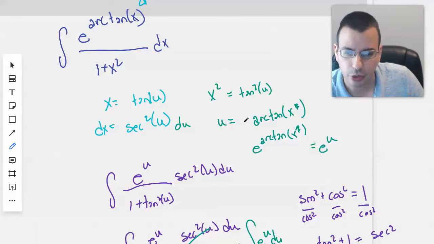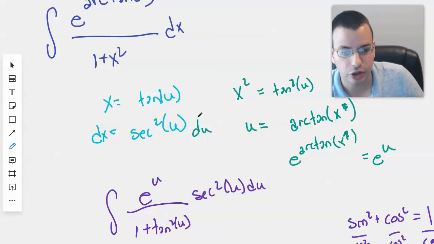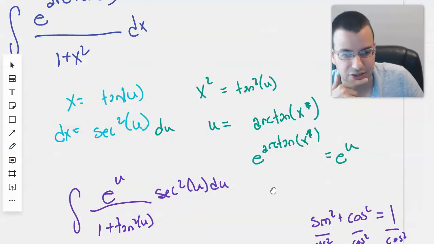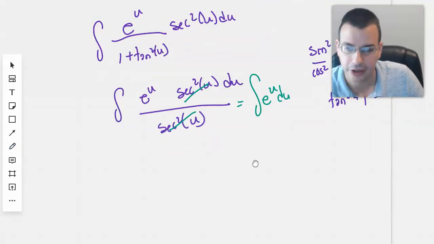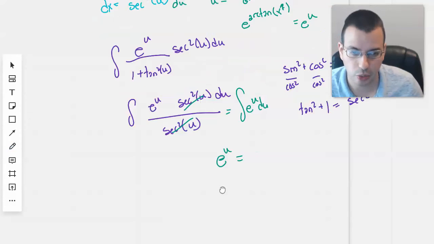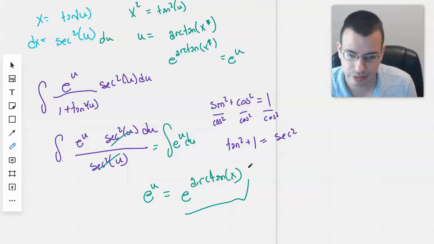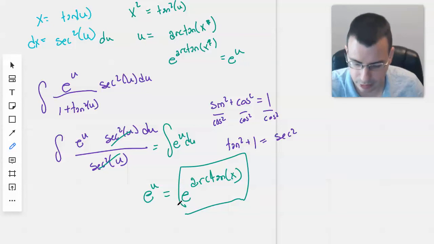When we solve for u, we had it equal arctangent of x. Okay, so coming back down here, we know the integral of e to the u is just e to the u, which will then equal e to the arctangent of x plus c.